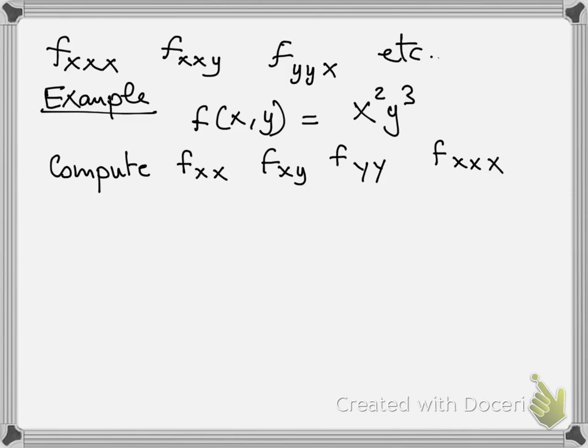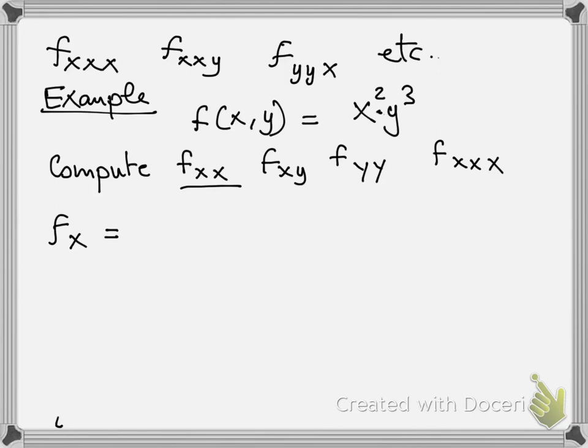So first I need fxx, so that's the second derivative of f with respect to x, so I need to derive twice with respect to x. So first let's derive once with respect to x. So fx would be what? This is the derivative of f with respect to x, so we consider y as a constant. Here again, this is a multiplication, so I need to apply the product rule.